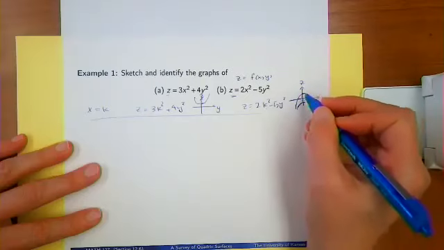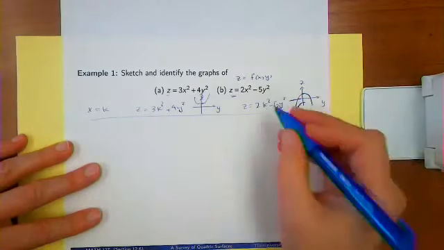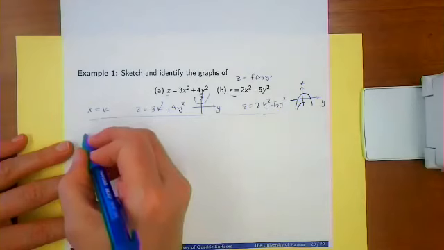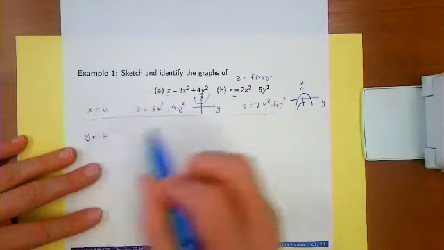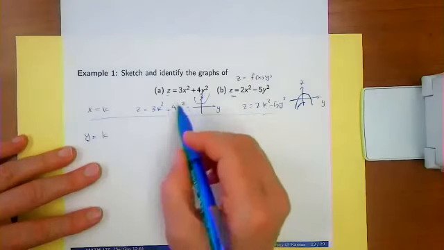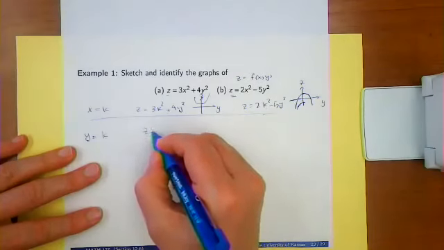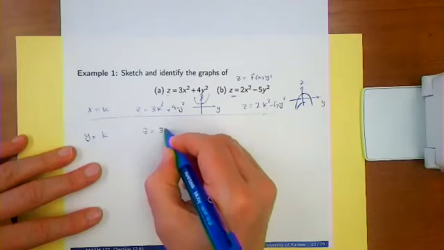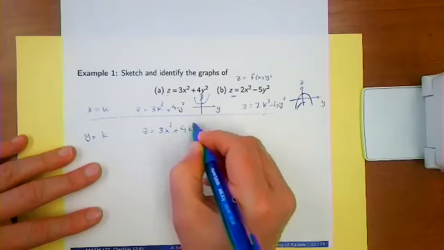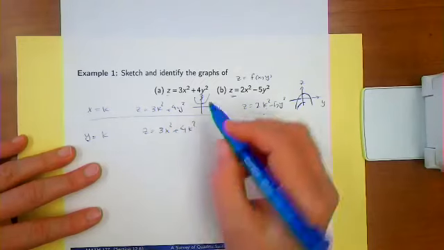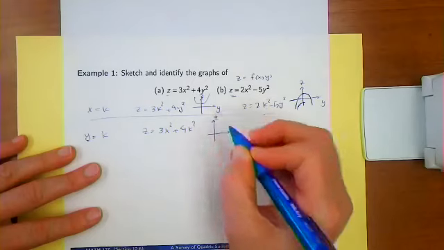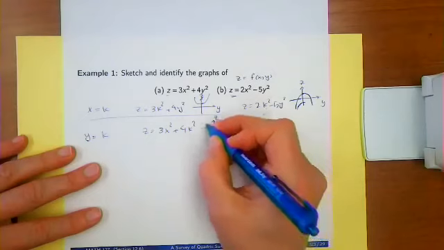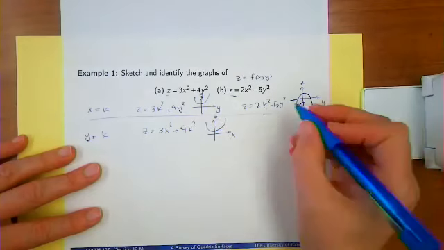The shift is above. And then let's say for y equal to k, the cross section, I get again z equal to 3x squared plus 4k squared. And that is a parabola looking upward again. So x and z will go like that.